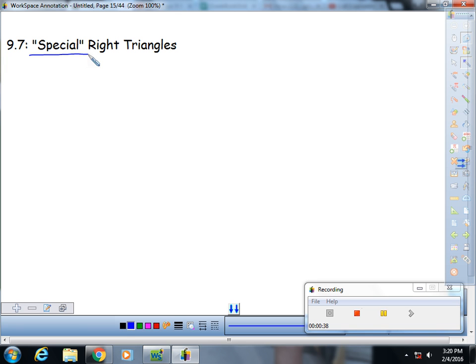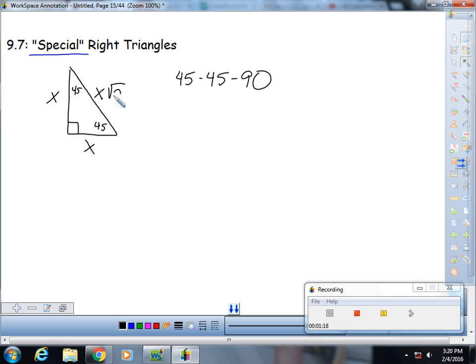What makes them so special? Well, the first special right triangle is called a 45-45-90 triangle. And you will often see this with that. Okay, so it's trying to tell you some rules.